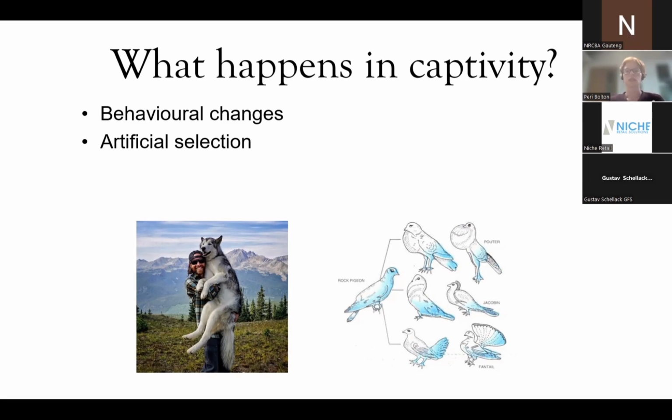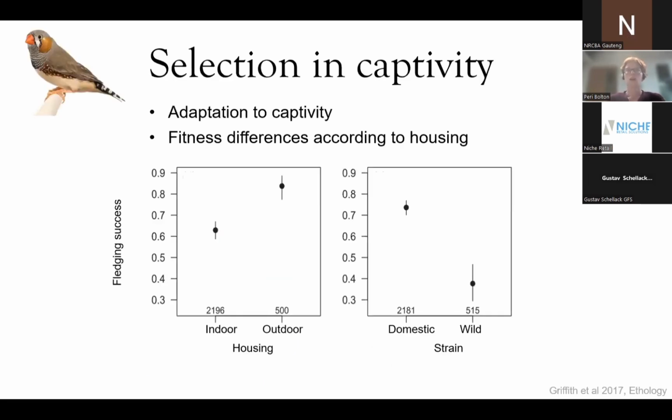We've used artificial selection to do some of these things, but some of it's also unintentional. In some work in my lab, we looked at this in the zebra finch, and we found that there was evidence for adaptation to captivity, just being housed in a different location to where they evolved.